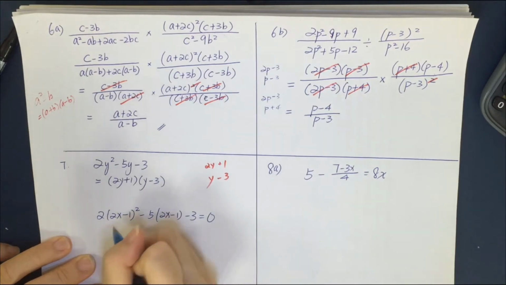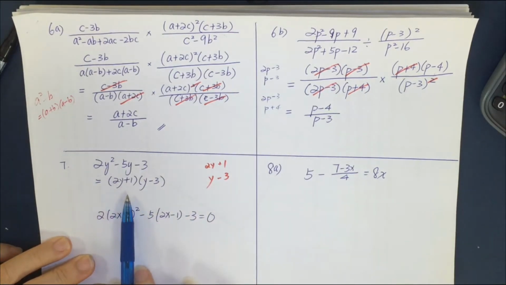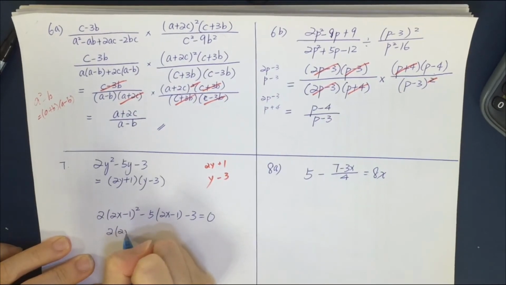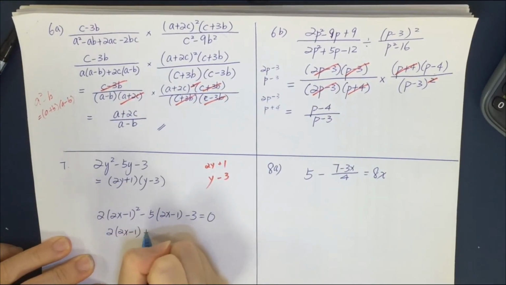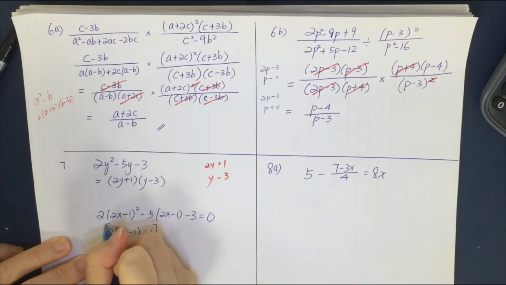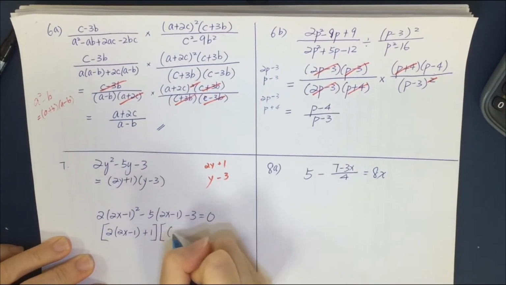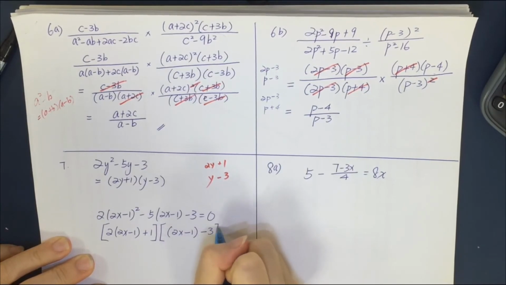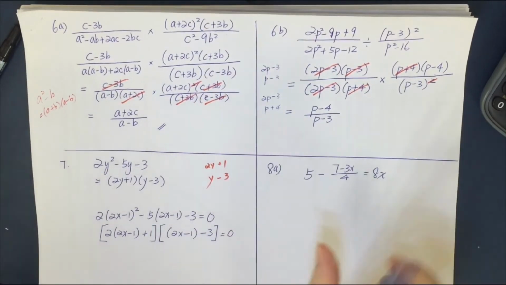Next, I'm going to use the result in the previous part and solve this one. So I'm going to say 2 times 2x minus 1 plus 1, multiplied with 2x minus 1 and then minus 3. Can you see my matching here?